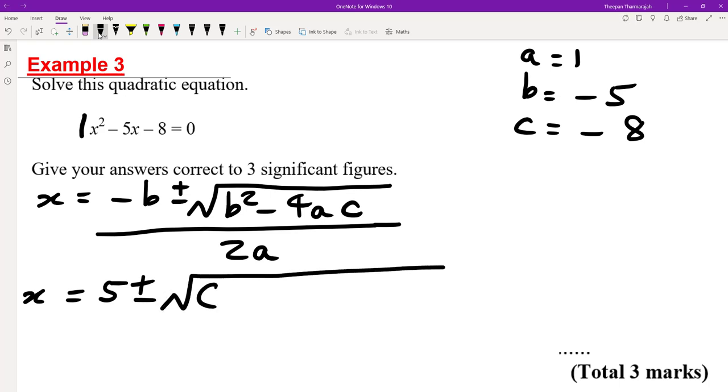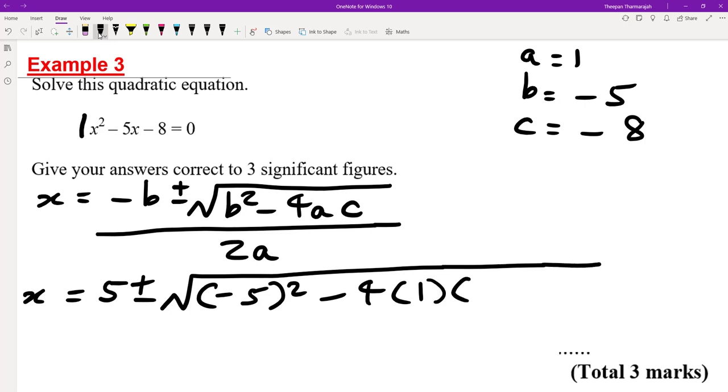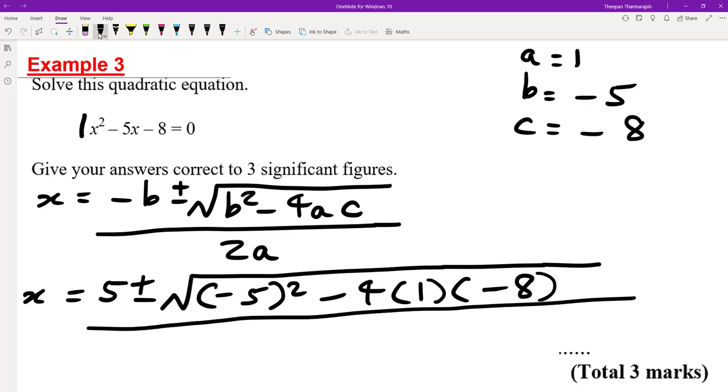Now please use brackets here. -5 all squared minus 4 times the value of a, which is 1, times the value of c, which is -8. All divided by 2 times 1.